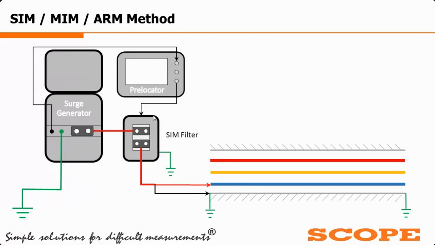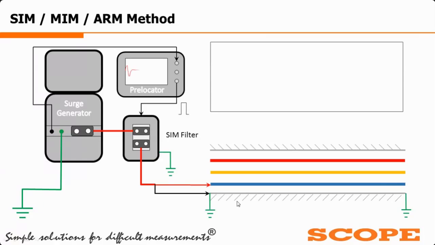Whenever we are applying the high voltage, first the prelocator will send a TDR pulse, and this TDR pulse easily travels through the B phase, and the graph is plotted on the screen. Whenever we apply a surge into the cable, at the fault point a momentary short circuit will appear.